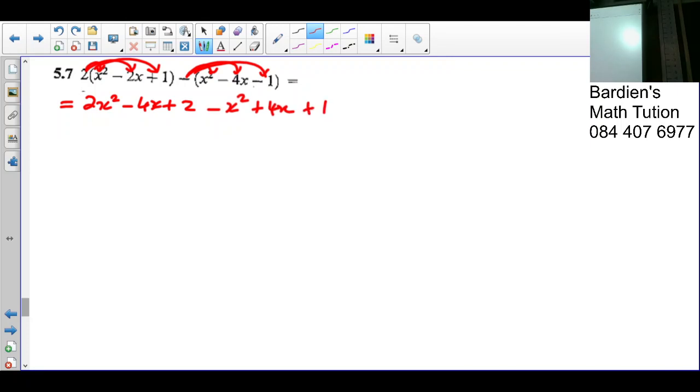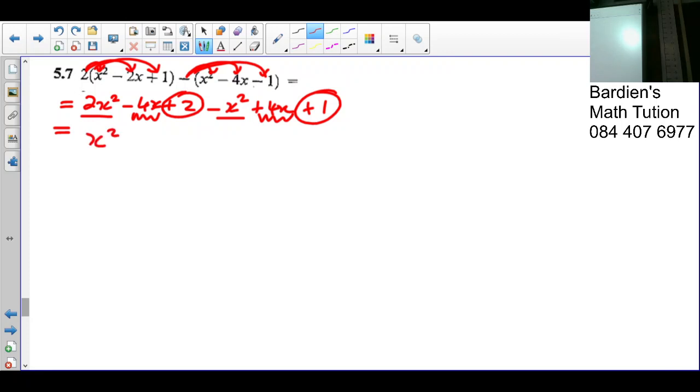Many learners now, what they do is they say negative x squared minus 4x minus 1. They only multiply the negative with the first term. That negative must be multiplied throughout. You all understand? So what do we do now? Look for like terms. So what is 2x squared minus x squared?